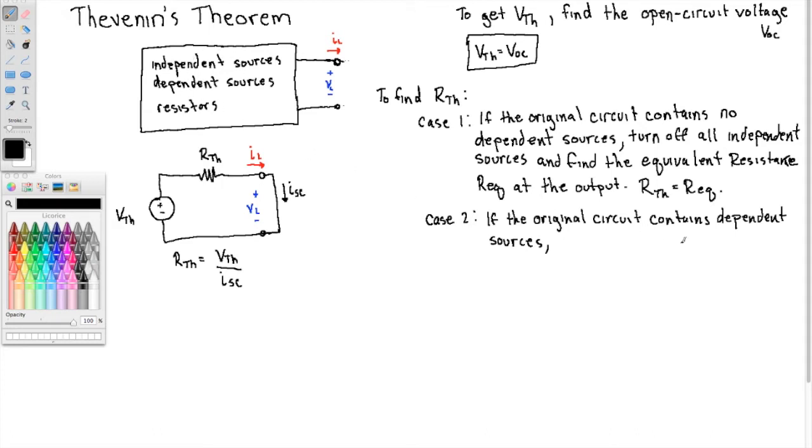So if the original circuit contains dependent sources, we can find the short circuit current first. Find the short circuit current ISC by connecting a short to the output.